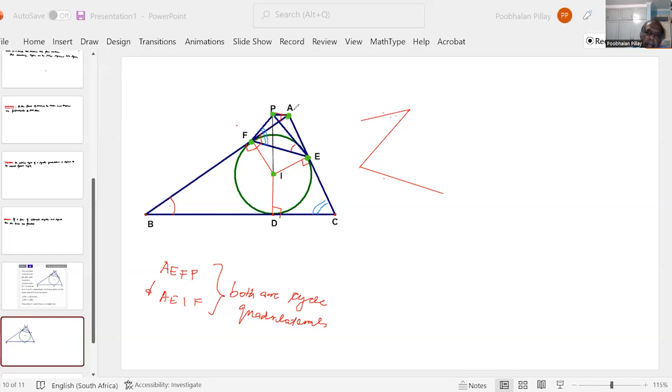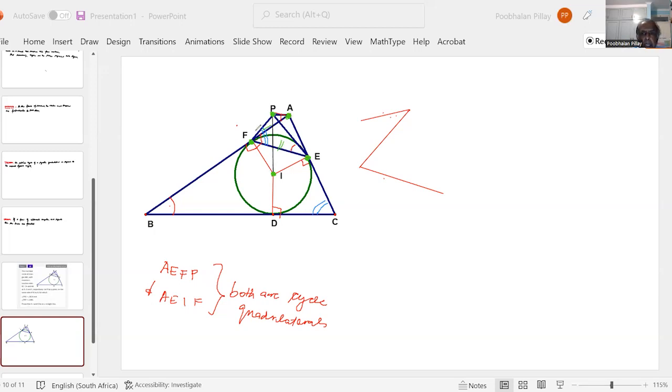Right. Now, AI is also a chord of the circle, because all 5 points lie on the circle. But watch, IFA is 90 degrees, because this line is perpendicular to this. So IA is a chord which subtends a right angle at F. So IA has to be the diameter of that circle.